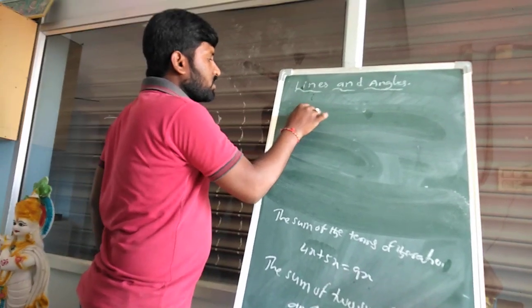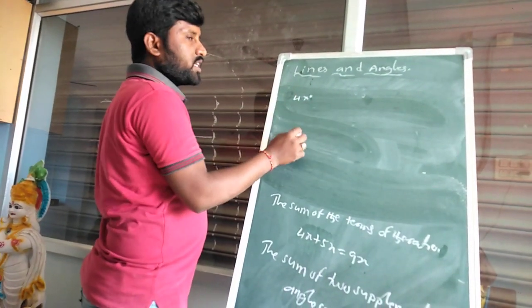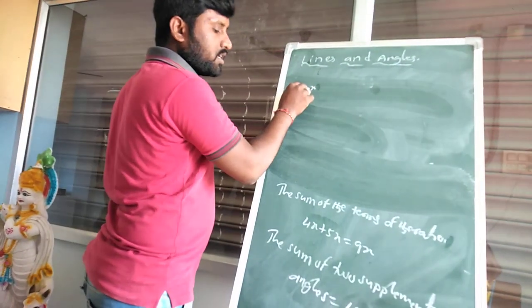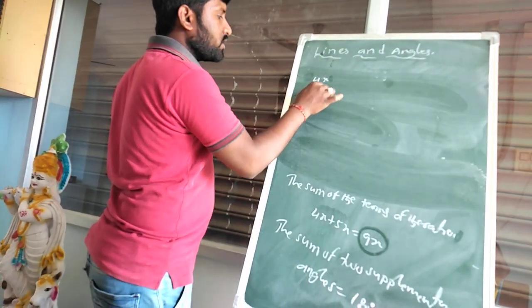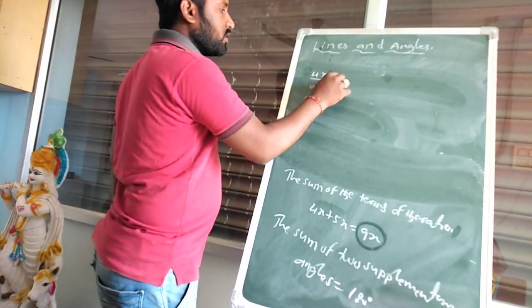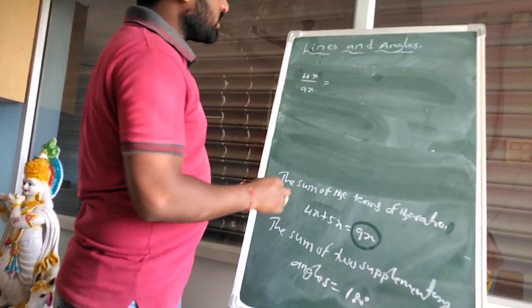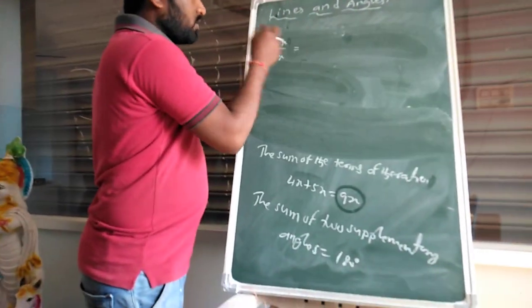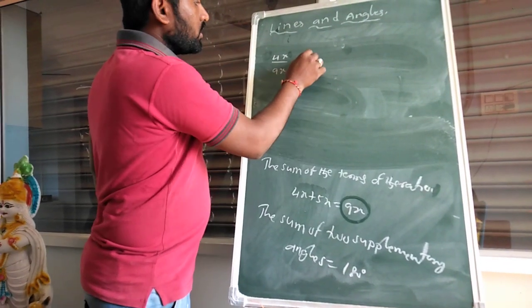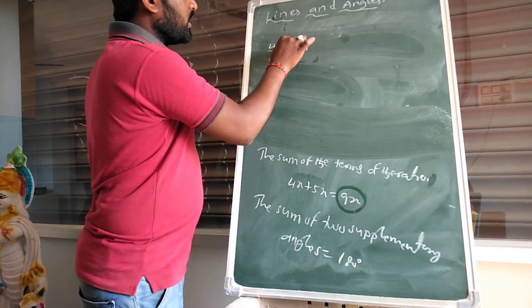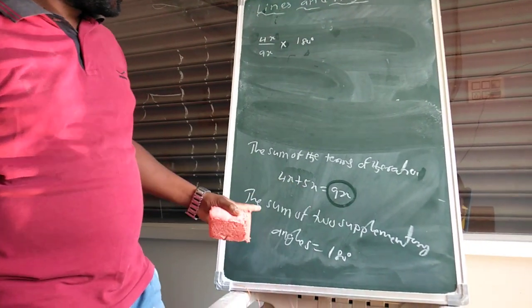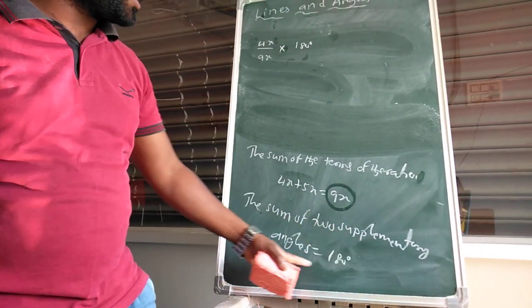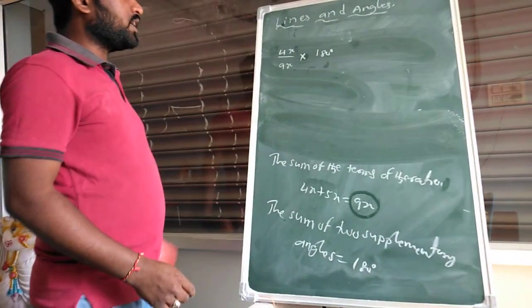What is the first supplementary angle? That is 4x degrees. Now 4x divided by the sum of the terms of the ratio, that is 9x, into the sum of the two supplementary angles, 180 degrees.